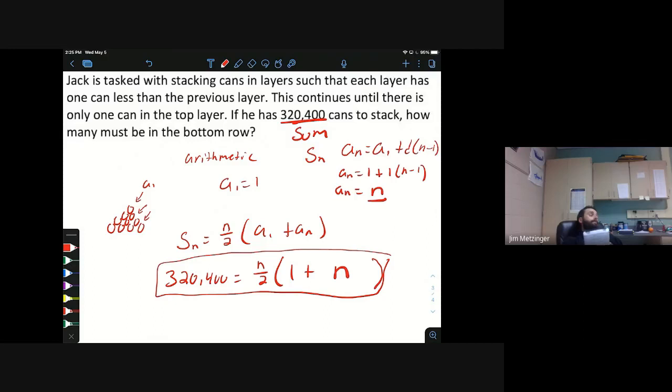Here's what you do. Give me a guess for what you think the answer is going to be. There's no way it can be 0.59. Well, I want you to give me a guess. For this problem with Jack, how many rows do you think he's going to have to make for 320,000 cans to add up?